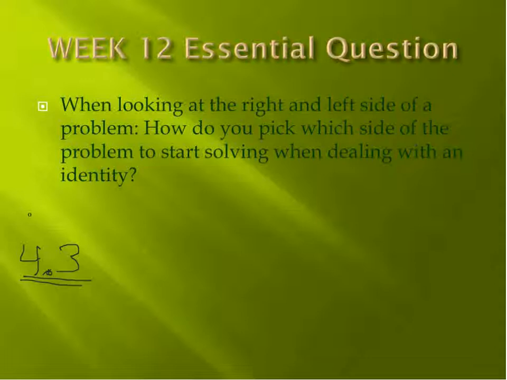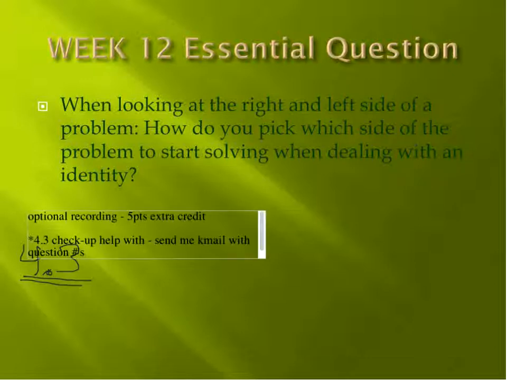Because here's what I'd like you to do. If you have certain things on the 4.3 checkup that you need help with, send me a K-mail with the question numbers, and I will add those to the recording. That way I can solve some of them with you guys. Does that make sense? So 4.3, I'm creating an optional recording. It'll be worth 5 points extra credit, not mandatory, and it's going to be help with the checkup.